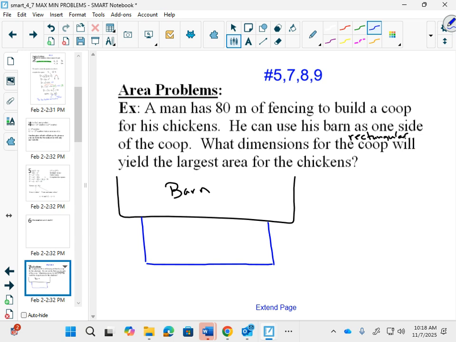What could be the lengths of this? Like, could he put 10 meters of fence there? What are the other sides? 60 and 10. That makes sense. This would have to also be 10 if it's a rectangle, and this would be 60. Then if you used 10, and I'm going to call that my x, then my area is 600.